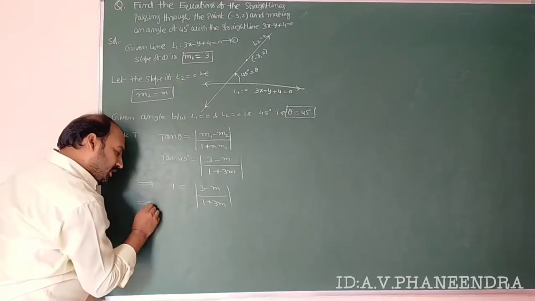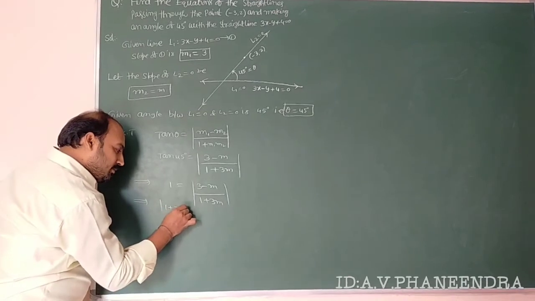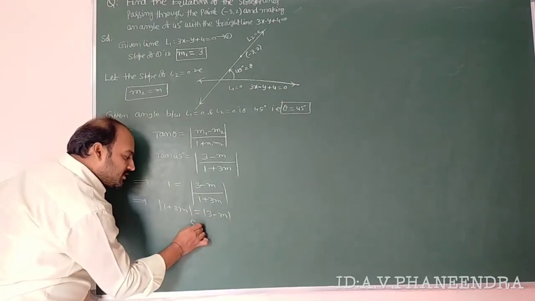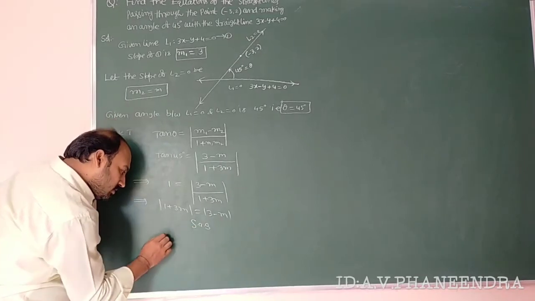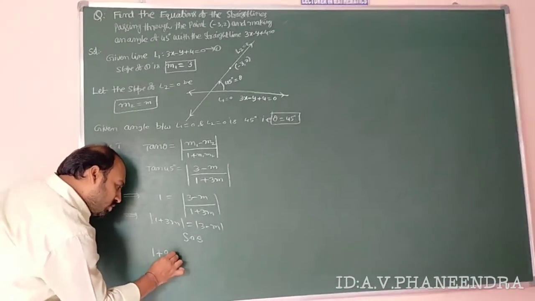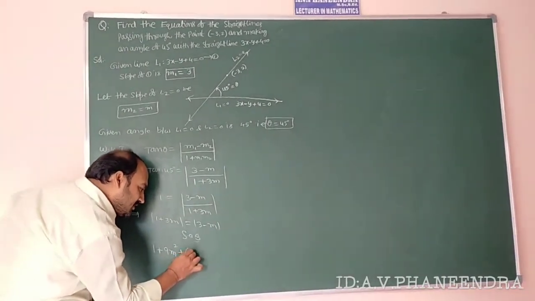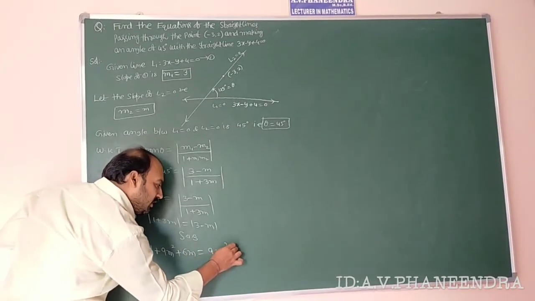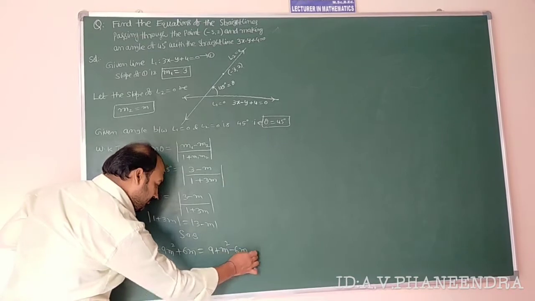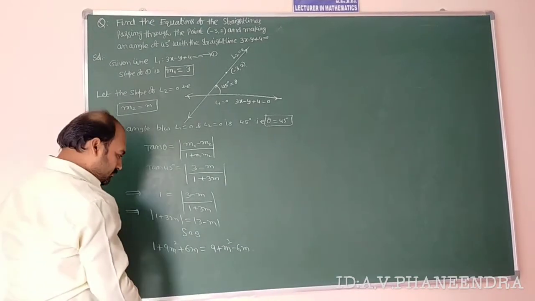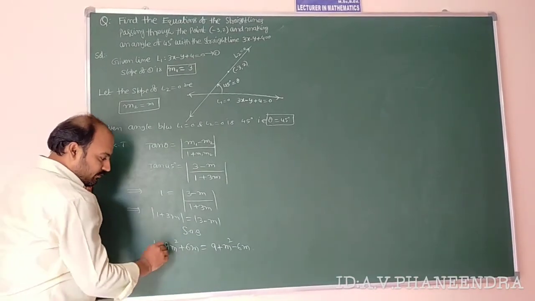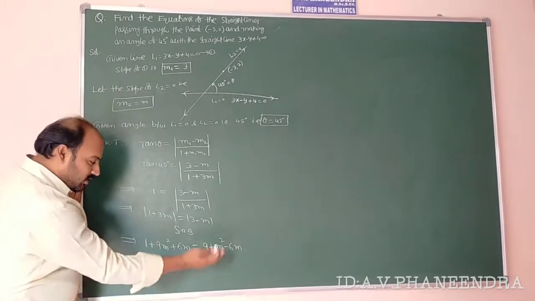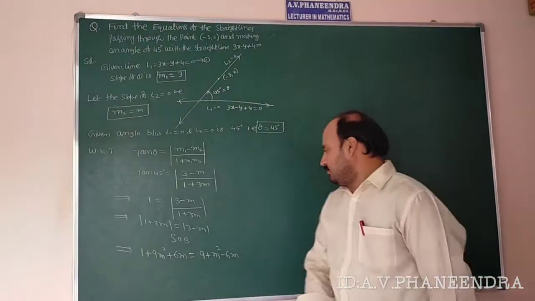Cross multiply: mod of 1 plus 3m is equal to 3 minus m, and squaring on both sides, 1 plus 9m square plus 6m is equal to 9 plus m square minus 6m.